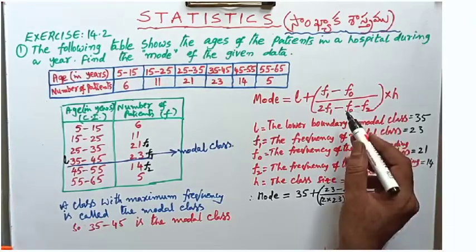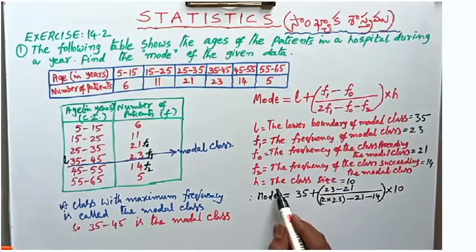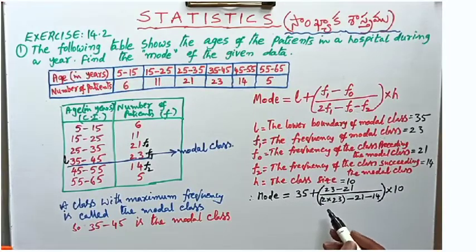You have to write the formula once again in this place and next substitute all these values. Then you have a good idea.